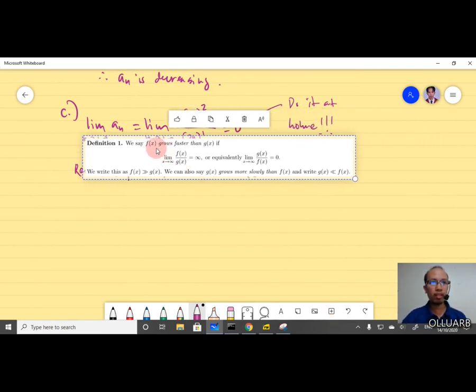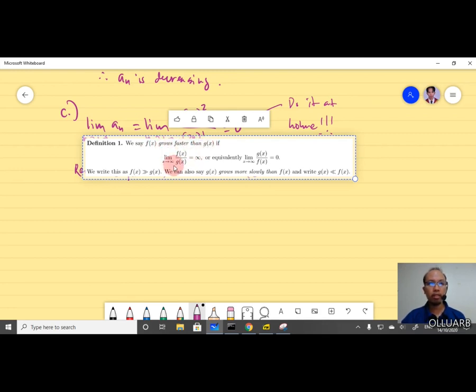It says here that if you satisfy this limit, the limit of f of x over g of x as x approaches infinity is equal to positive infinity, then this says that f of x grows faster than g of x.